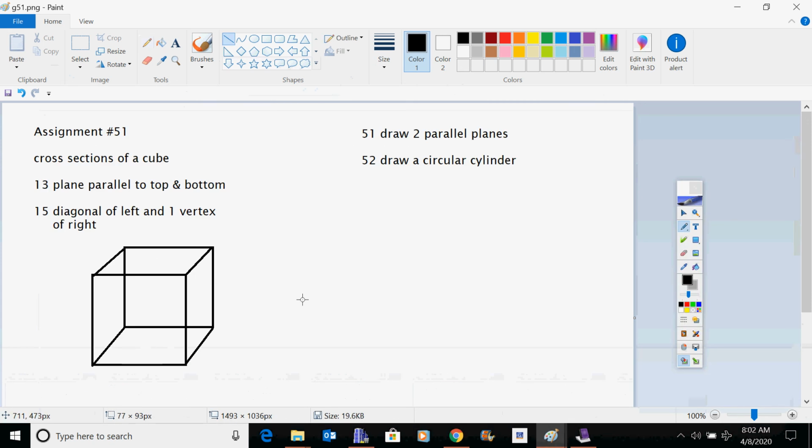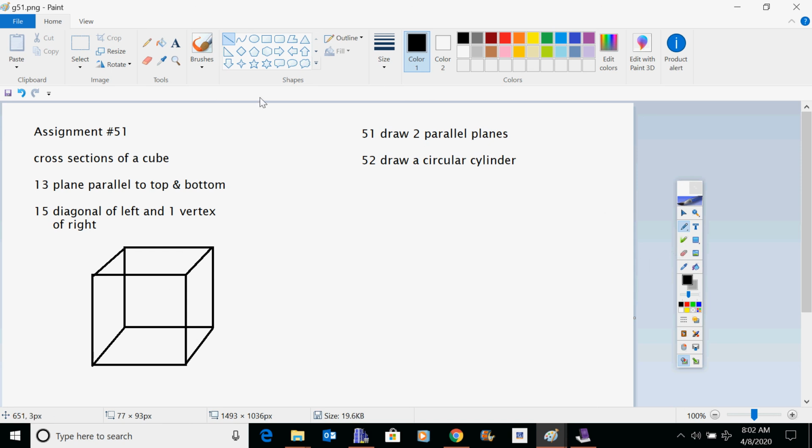In assignment 51, somebody asked about cross sections. I don't have a whole lot that I'm doing about cross sections. The whole point to that was making sense of the volume, where you took the area of the base times the height.